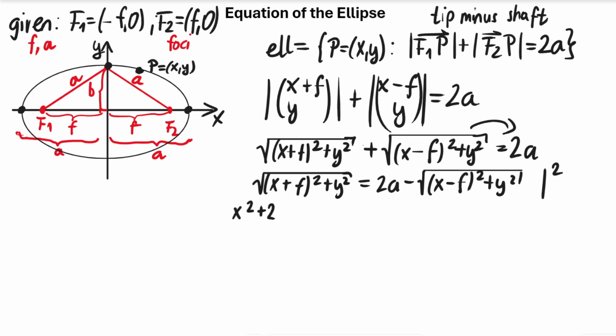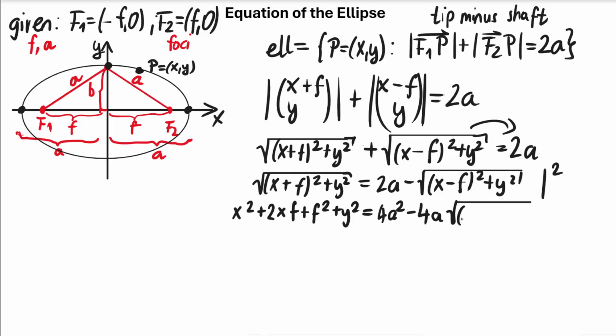So x squared plus 2xf plus f squared plus y squared is equal, here I have to use the binomial formula outside, 4a squared minus double product, then this root expression. And what remains is this inside without the root, because I square it, but I also write it down fully expanded. So we have x squared minus 2xf plus f squared and my plus y squared.